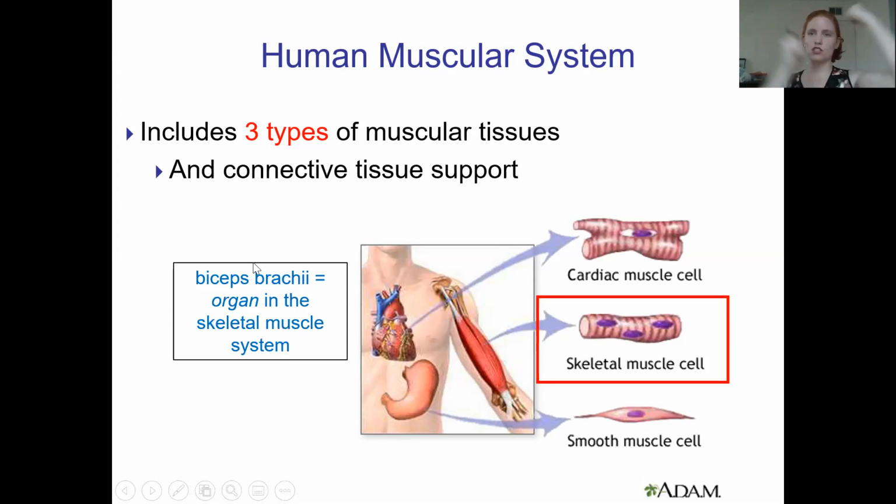So this is the biceps brachii. These individual muscles, they're considered organs because they're collections of different types of tissue that go towards one particular function. So most of us think of organs as things that are inside the body, but remember they don't have to be inside. If it's a collection of tissues that has a particular function, that is an organ.